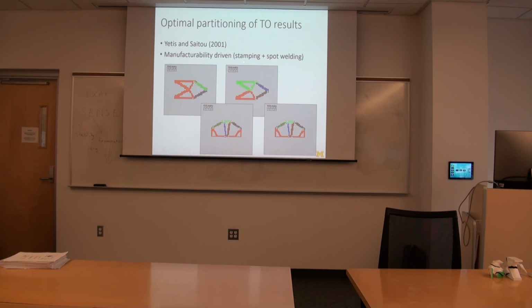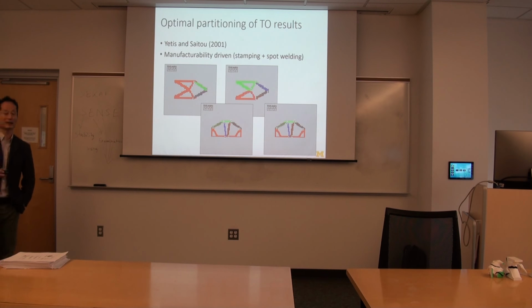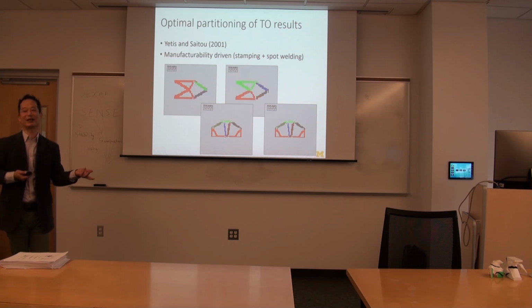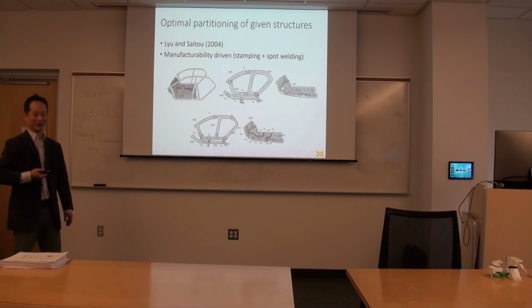At this point, we are assuming stamping and spot welding is, of course, the considered process, although the result doesn't look anything like the stamped product because of the lack of details. But the principle is there. So I applied the constraints imposed by chosen manufacturing processes to motivate the decomposition of a given fixed input geometry initially. So I did that for a little bit more complex geometry, but the principle is the same.